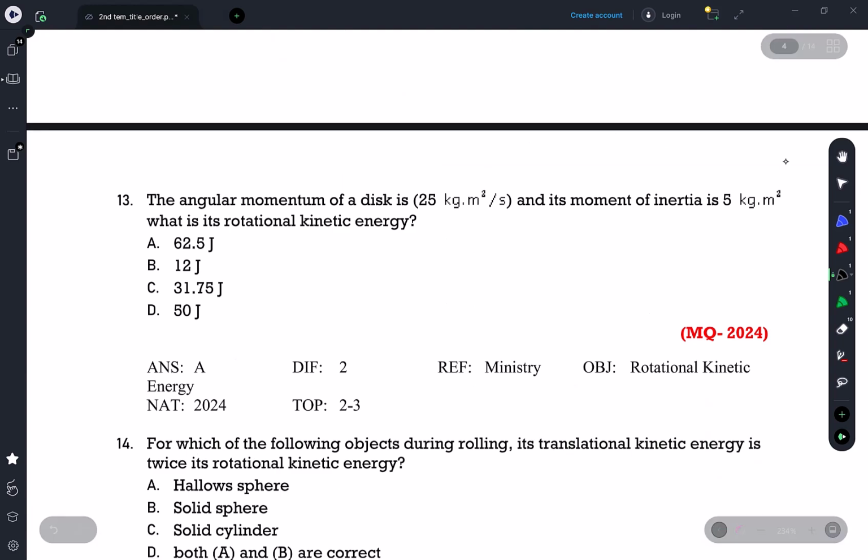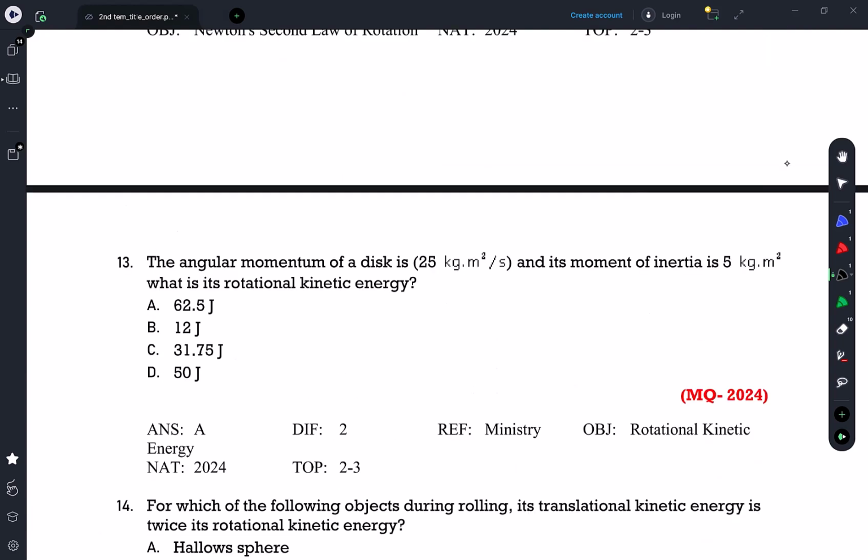Question number 13. Angular momentum of a disk. L is given, moment of inertia is given, and we need the rotational kinetic energy. To calculate rotational kinetic energy, I can first calculate omega from angular momentum, and after that I can use omega to find rotational kinetic energy.